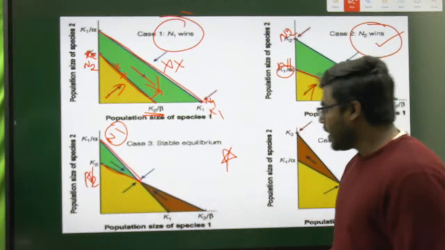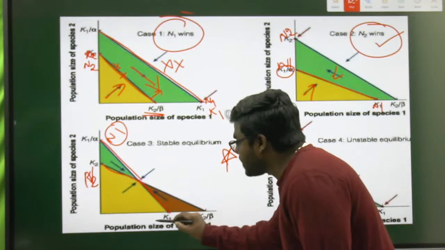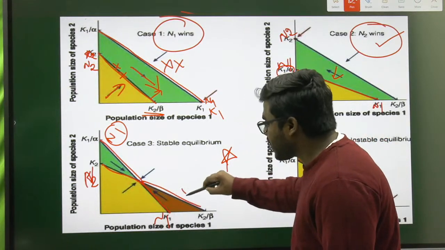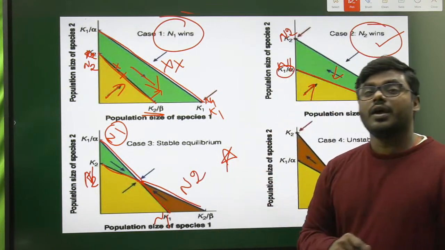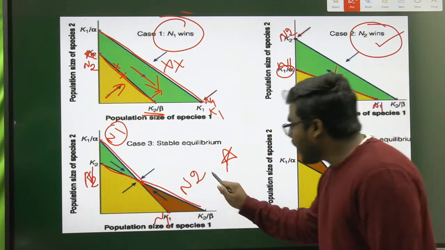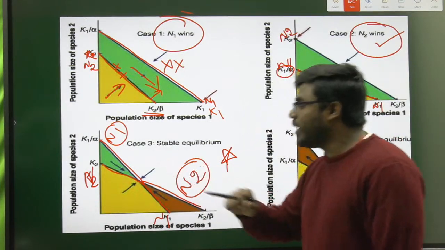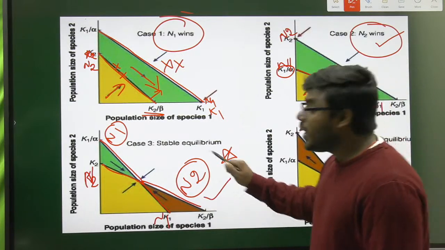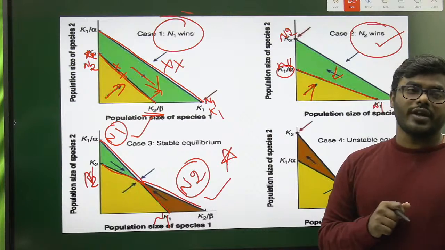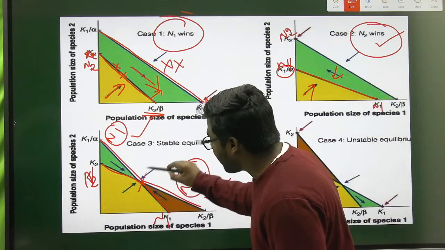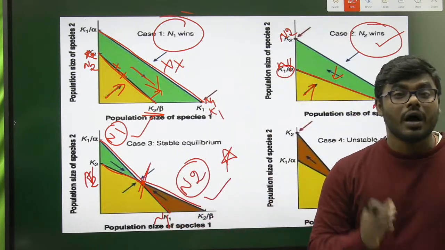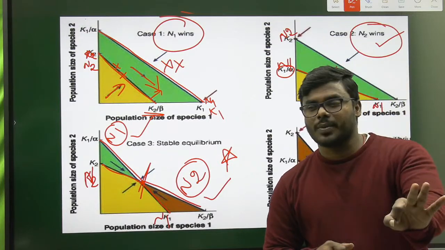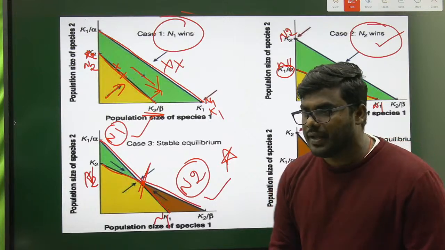Very simple. And now this is the isocline point of N1 and this is the isocline point of N2. Here who is going to win, friends? Undoubtedly N2 is going to win here. In one case N2 will win, in one case N1 is going to win. As a result, what is happening? The equilibrium is a completely stable equilibrium. Always remember that particular statement without fail.